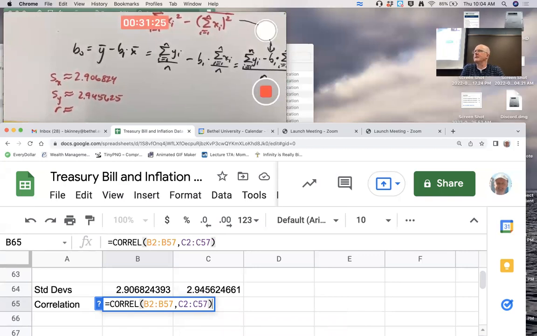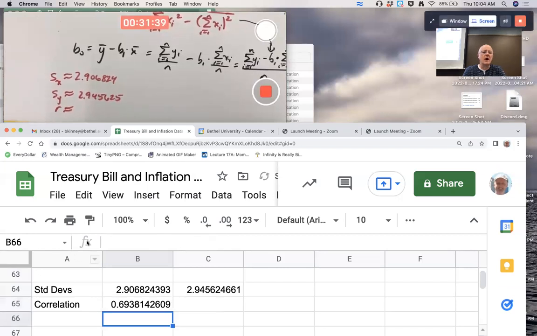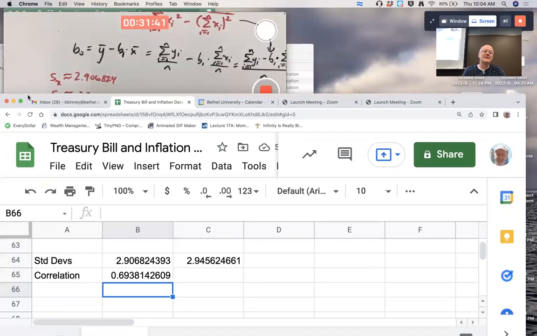And if I recall correctly, this was about 0.48. Equals CORREL, two R's, one L. Oh, excuse me. That's the correlation. The R squared is what's about 0.48. R squared is about 0.48.